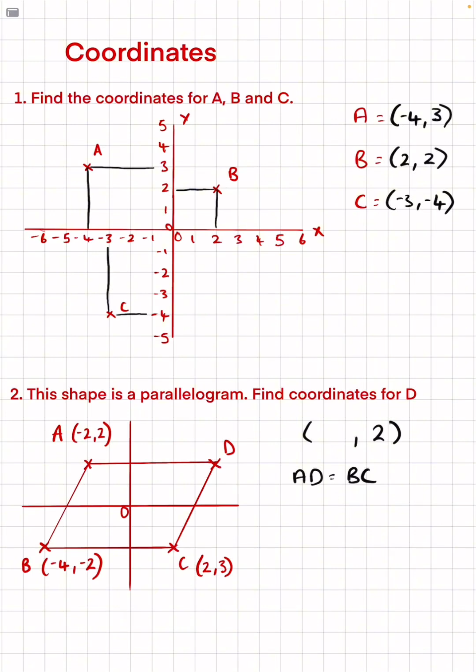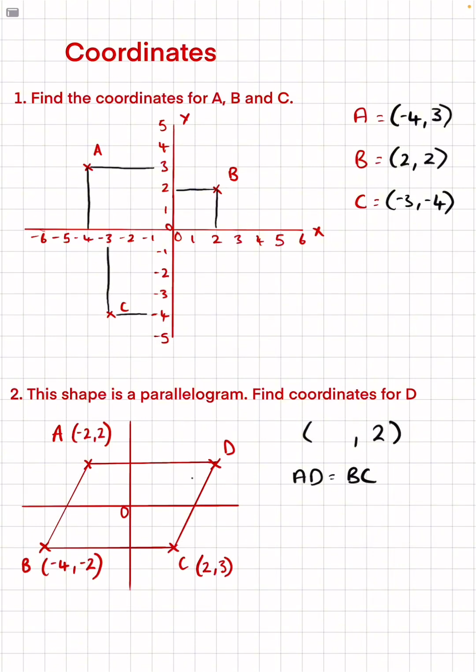The x coordinate of point B is -4, and the x coordinate for point C is 2. C is 6 units to the right of B, so -4 add 6 equals 2.